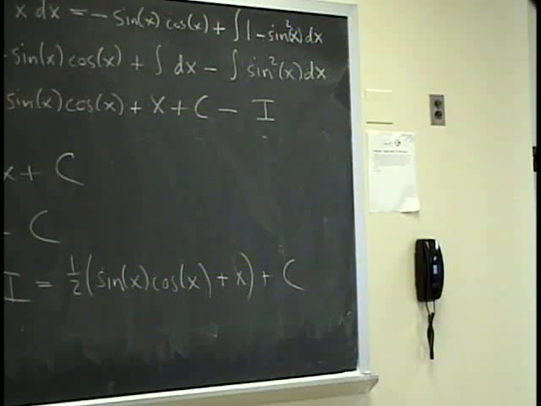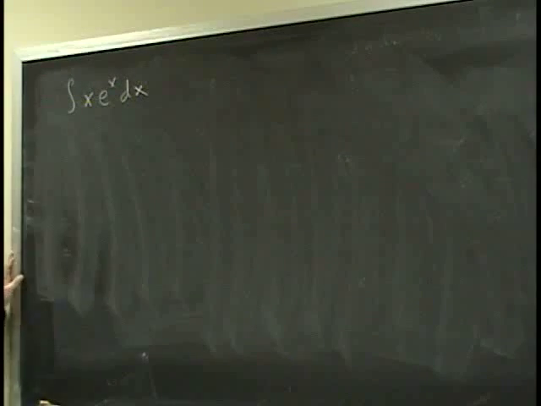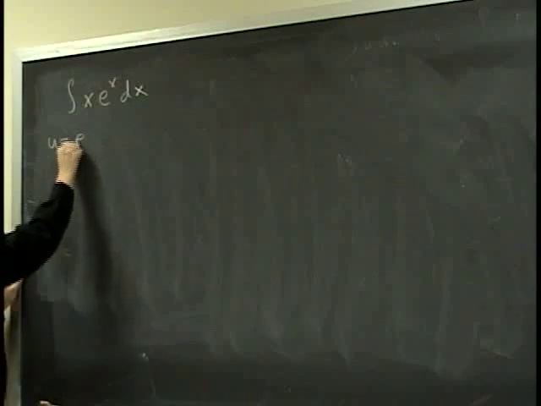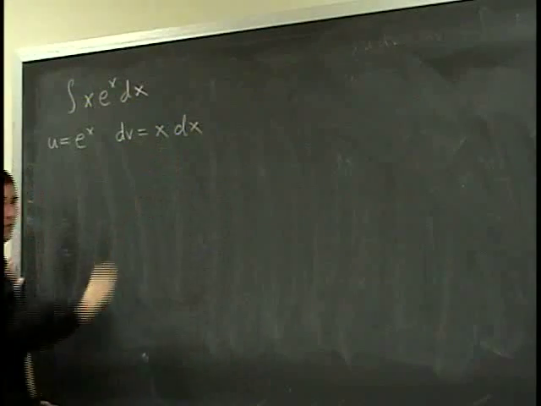Let's again try this integral. We saw that the correct choice was to make x equal to u and e to the x dx be dv. Well, let's say we made the incorrect choice. We went u equals e to the x, and dv was x times dx.